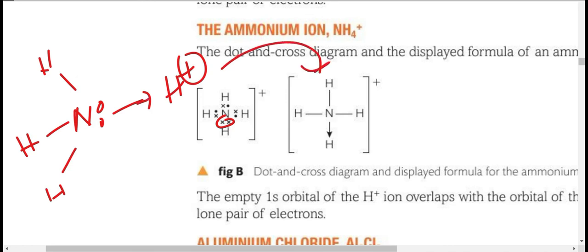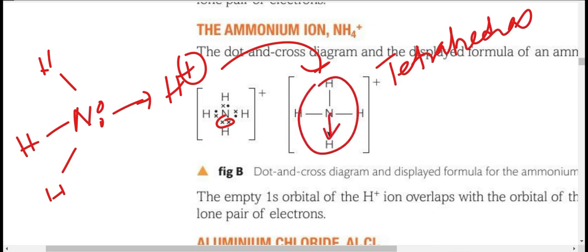This structure is actually tetrahedral. Once the dative covalent bond is formed, nobody can differentiate which one was the dative covalent bond.